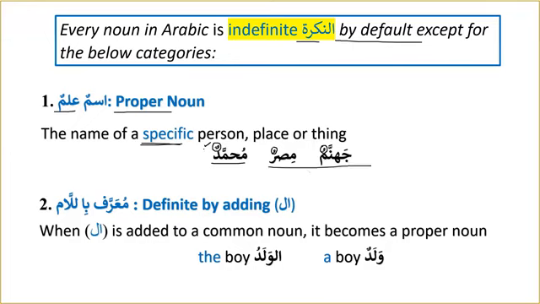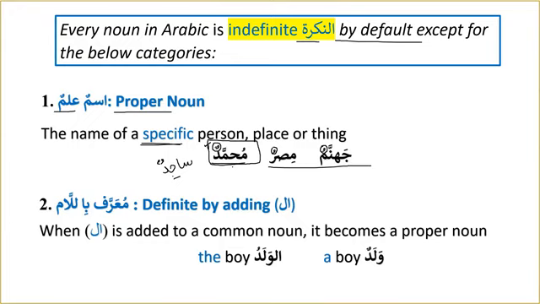But if it's the name of a person, and I explained this, for example, when we say Sajidun, Sajidun is a common noun. Please know that. However, when you associate it with a person, when you name a person Sajid, only then does it become a proper noun.